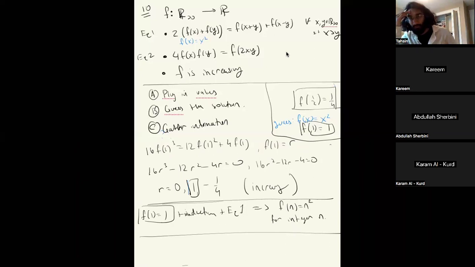So now we try to generalize for rationals, real numbers. Right, so you said rationals. We want to do it for all reals, but I think you're right, it should be easier to do for rationals, because once you have it for rationals, the last condition will give it to you for all reals.